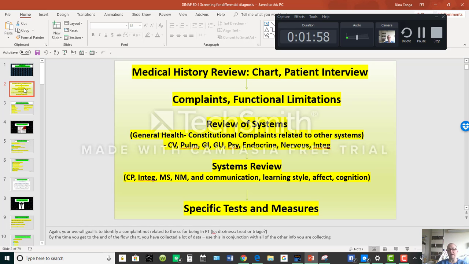And then after that, you're going to do your first hands-on assessment with the systems review. The cardiopulmonary, the integumentary, the musculoskeletal, the neuromuscular, and then the communication, learning style, and affect and cognition. And then you're going to do your special tests and measures.